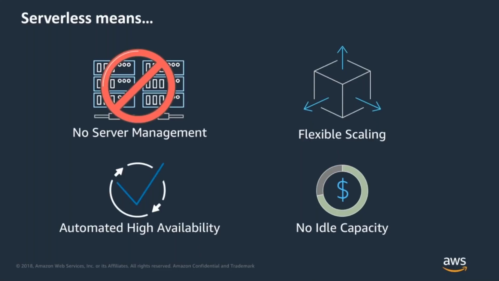Which means that you no longer have to think about capacity planning in a traditional sense. You don't have to worry about monitoring CPU utilization and planning for how we are going to manage the traffic that we're anticipating to our website or to our service. All of that is now no longer a concern that you have to think about.